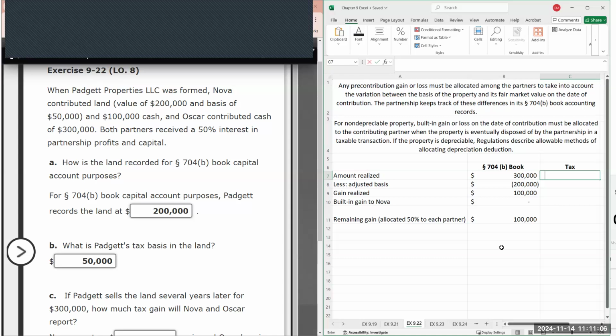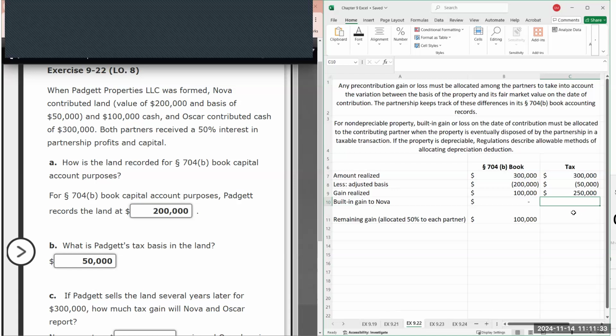So under tax purposes, the amount realized is 300,000, sorry. The adjusted basis is 50,000. That gives us gain realized of 250,000. And from there, we need to factor in the built-in gain to Nova. So Nova contributed this property, this land, which had a basis of 50,000 and a fair market value of 200,000.